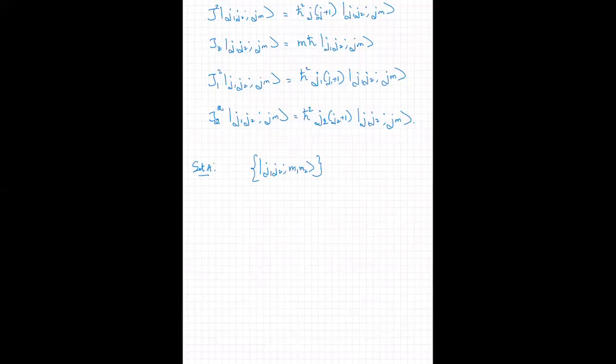So my eigenkets are basically enumerated by the eigenvalues M1 and M2. M1 can go from minus J1 to plus J1, M2 can go from minus J2 to plus J2. So the sum over M1, M2 of |J1, J2, M1, M2><J1, J2, M1, M2| equals 1. This is what the completeness relation means.